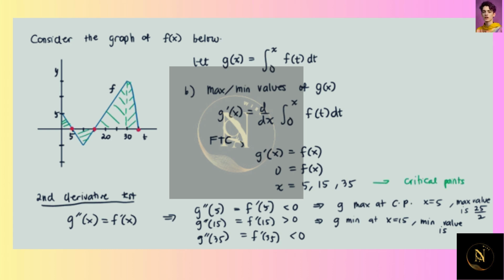So this side and this side will cancel out because they're the same in area, but the other one is negative. So that cancels out, and we're left with the area of the triangle. That's 1/2 base times height. The base is 5, the height is also 5. So that's negative 25/2.